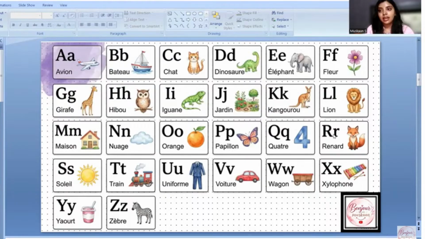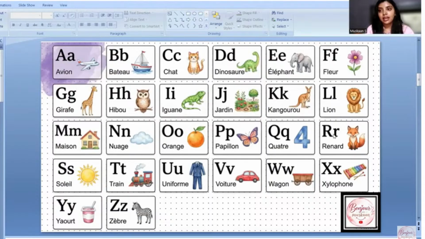S, soleil. T, tortue. U, uniforme. V, voiture. W, wagon.